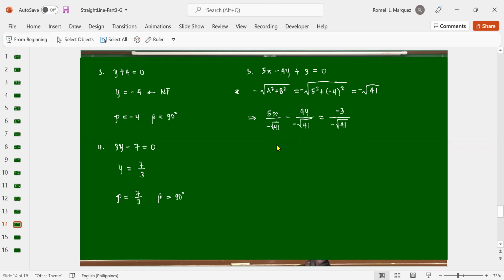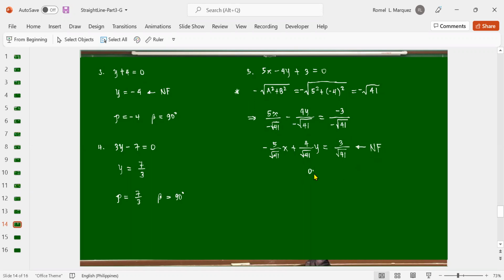So, finally, we have negative 5 over square root of 41 x plus 4 over square root of 41 y is equal to 3 over square root of 41. Okay? So, this is the normal form. If you want, you can rationalize.